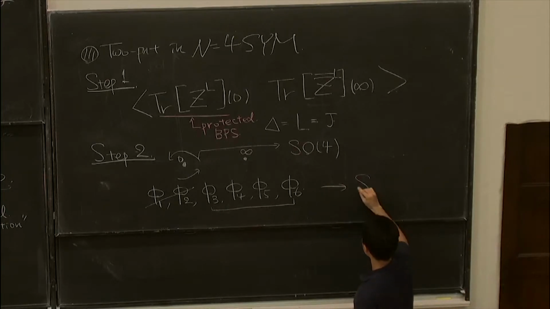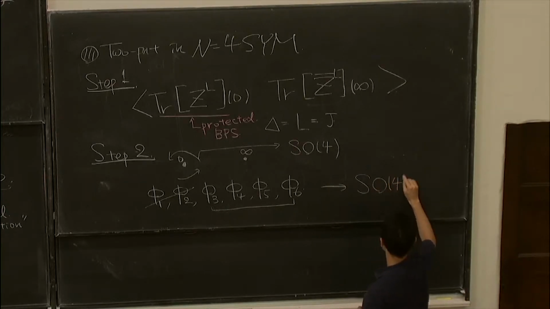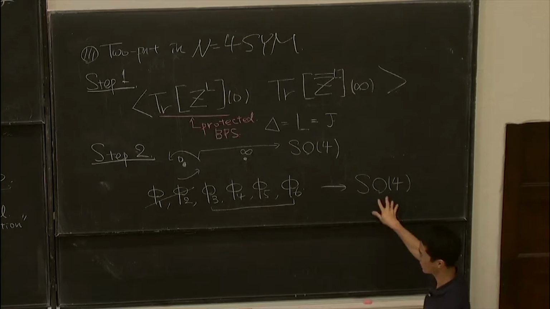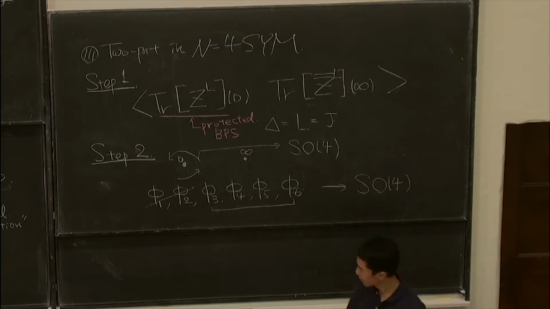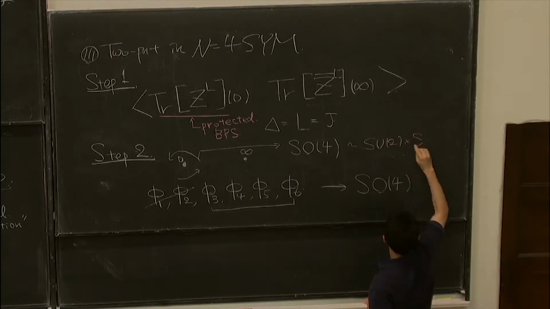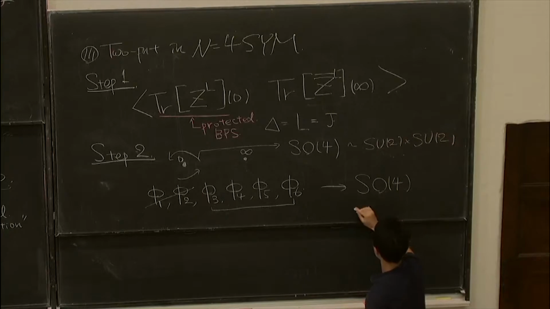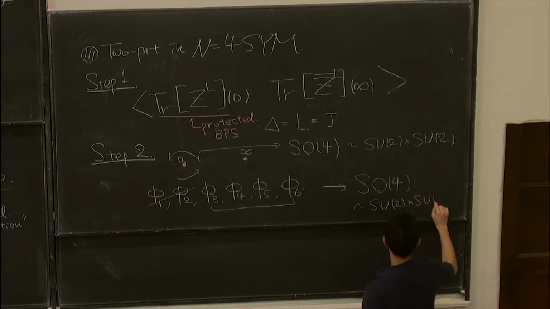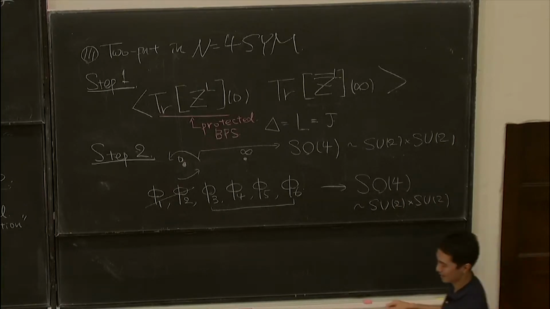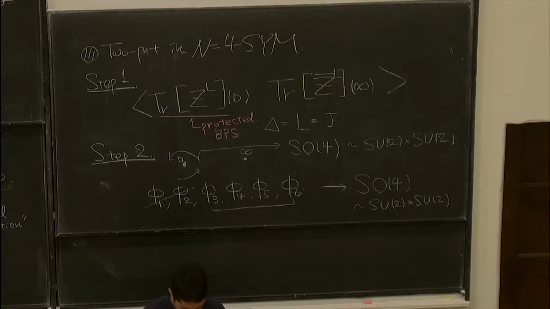So in this way, you can also conclude that the symmetry coming from the R symmetry part, the global symmetry part, is also SO4. By the way, this SO4 is essentially the same as SU2 times SU2. In my talk, I'm not going to distinguish between SO3 and SU2, because that's not going to be very important.